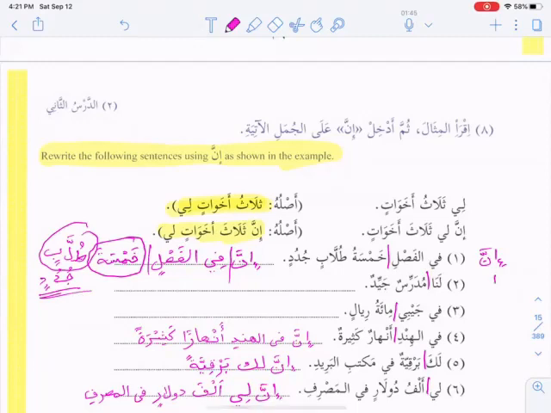Now put here inna lana mudarrisun jadidun. So what will you say? You write down inna, and then you'll say lana. Inna lana. What will you say afterwards? Mudarisan.